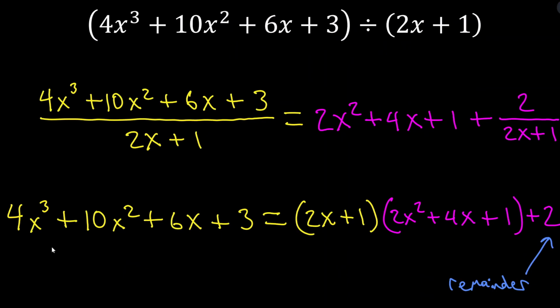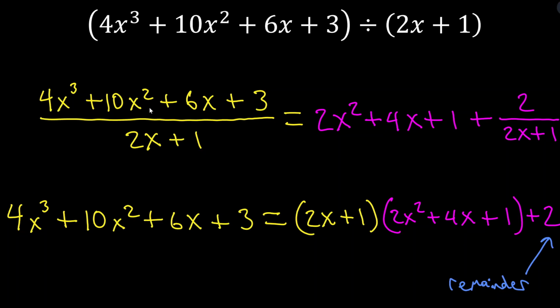and we can kind of clearly see these two different forms. So this is what we showed through our algorithm, which is what do I multiply 2x plus 1 by to get this? And I said, well, I can multiply by this, but then I have to add 2. That's the remainder, right? So I can't exactly get this. I have to then add 2. So again, we could think about it that similar way where we could either think of the remainder over the divisor, or we could think of this entire thing being divided by the divisor, dividing both sides, because we want to write what the quotient is equal to.